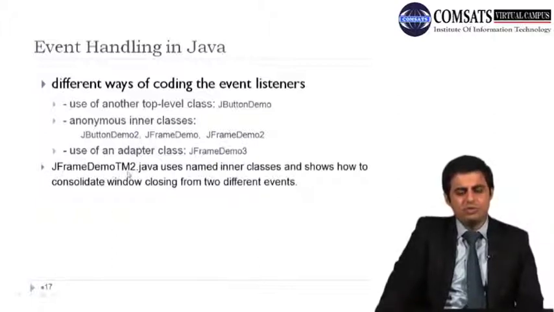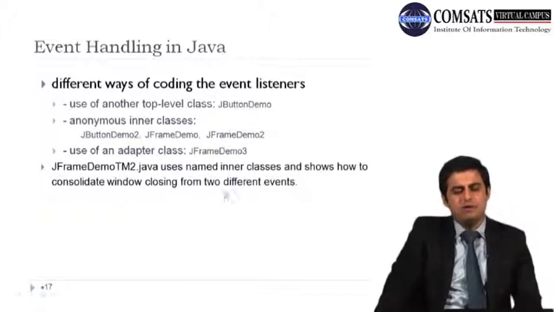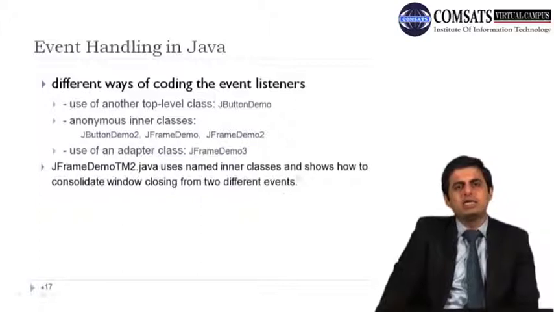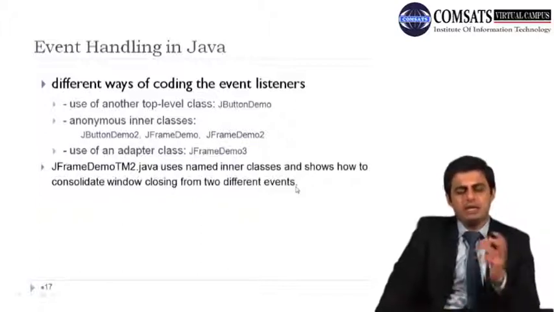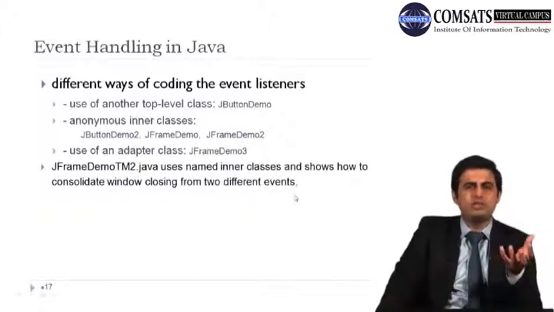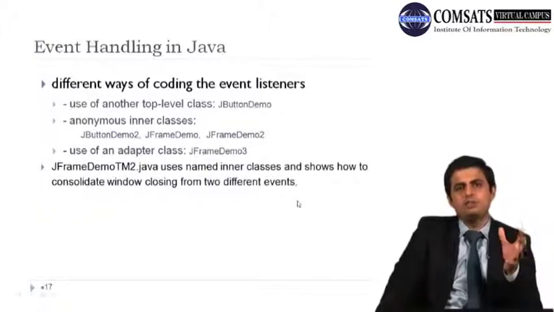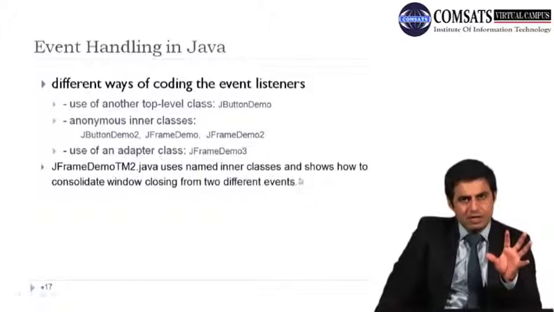JFrameDemoTM2.java uses named inner classes and shows how to consolidate window closing from two different events. Now, when you have implemented some windows and you want them to be closed from two different events.